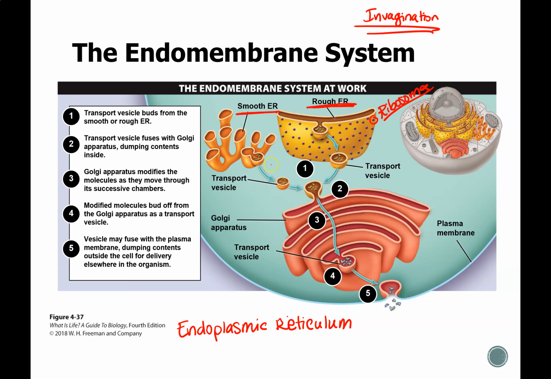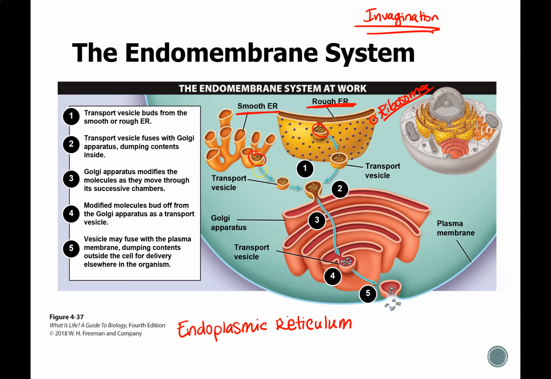We also have the smooth ER and the Golgi apparatus. So you might notice that these are all similar. They do look different, but they are generally similarly shaped. And products from the rough ER or the smooth ER are taken in little transport vesicles. Remember, those are like little pockets.